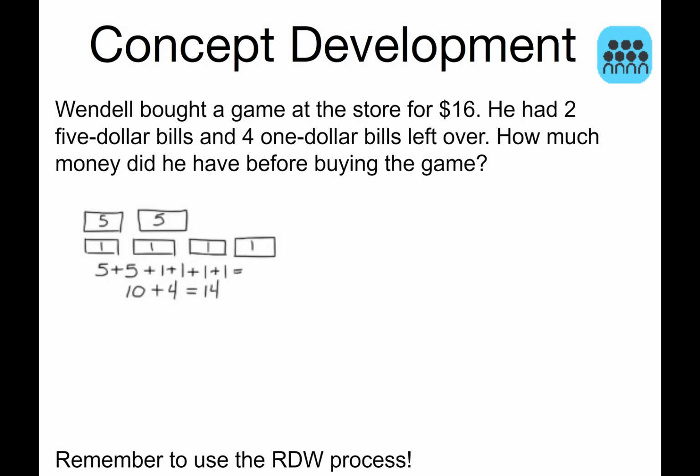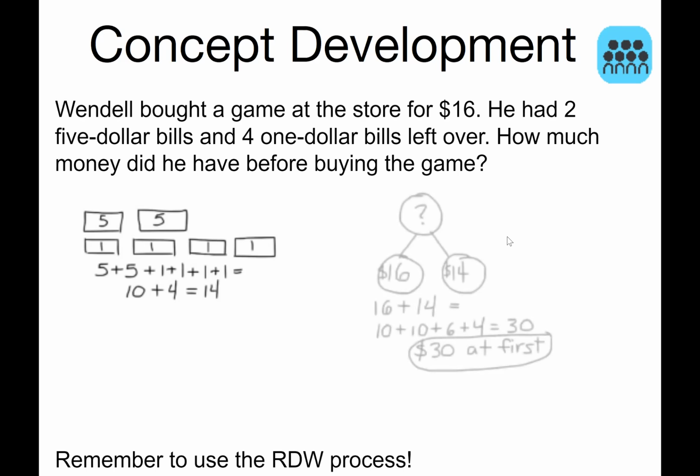No, that was how much money he had left over after he bought the game. Because we haven't accounted for what number? How much he spent on the game. And he spent $16 on the game. And if we look here, oh, we haven't added in that 16. Okay, so we know that's how much money he had left after he spent $16.